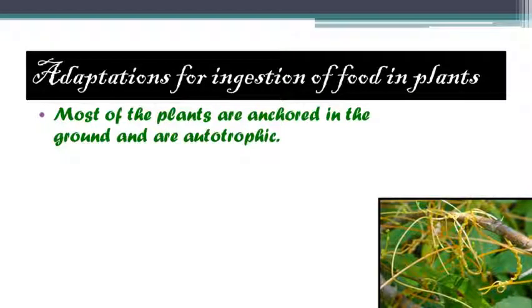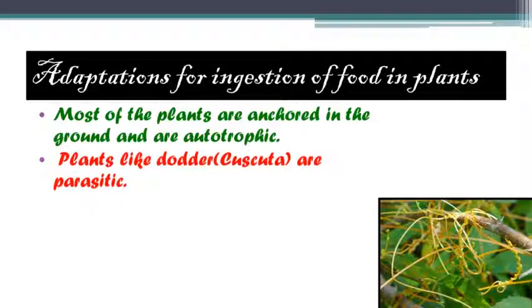However, plants like dodder or cuscuta are parasitic. Parasitic means they live on other plants or trees to get food. You can observe the picture also, the yellow-colored ribbon-like, thread-like dodder. It is parasitic, that means it is present on the stem of other trees.